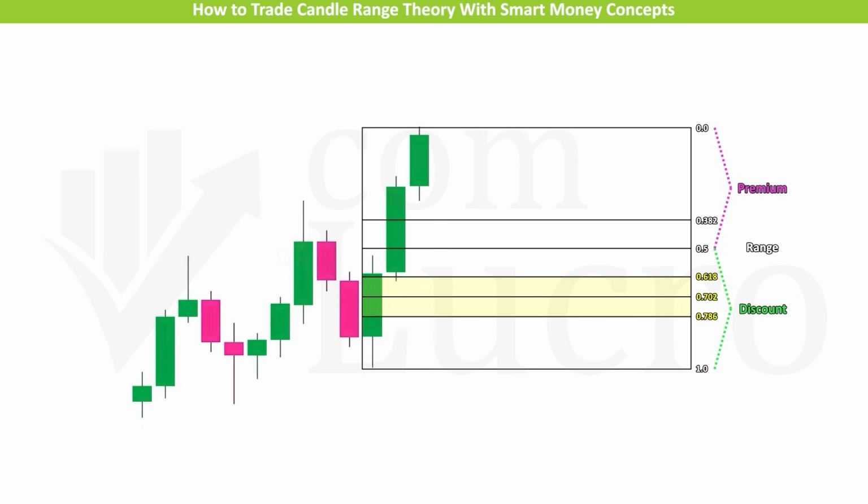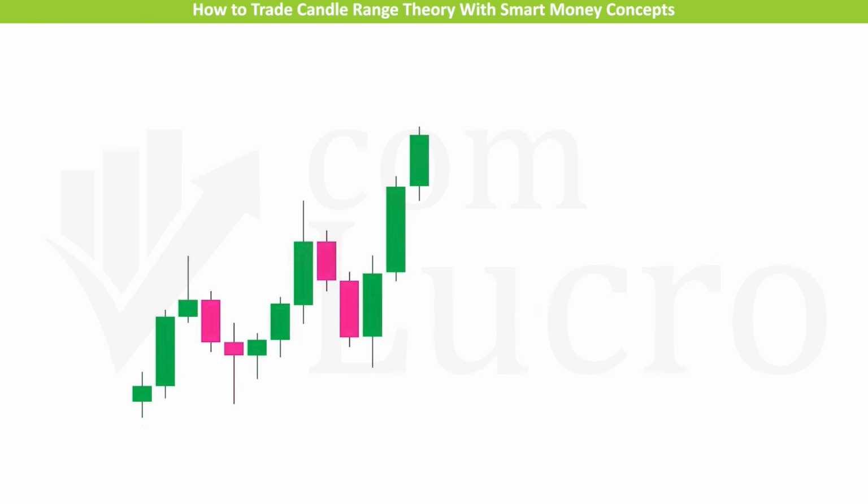For example, if the last impulsive move started from this point and pushed all the way up to here, we expect the correction to unfold within this range. From that point, we apply the CRT model only to bearish candles. Since the overall trend is bullish, we mark the high and low of each bearish candle and observe how the next candle reacts.